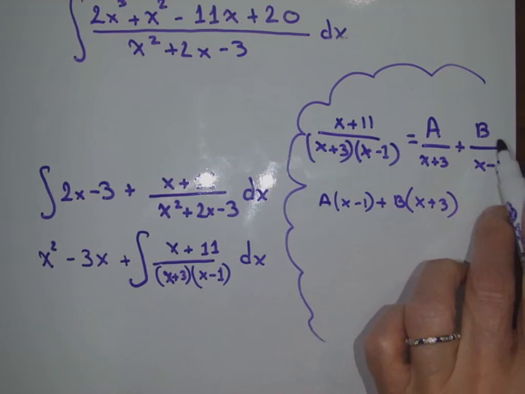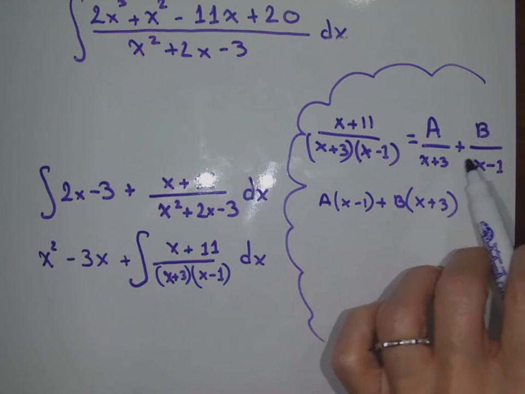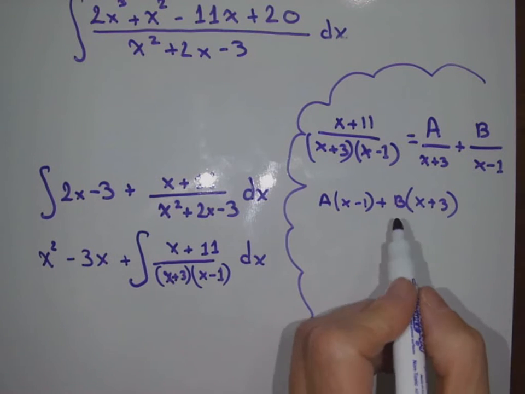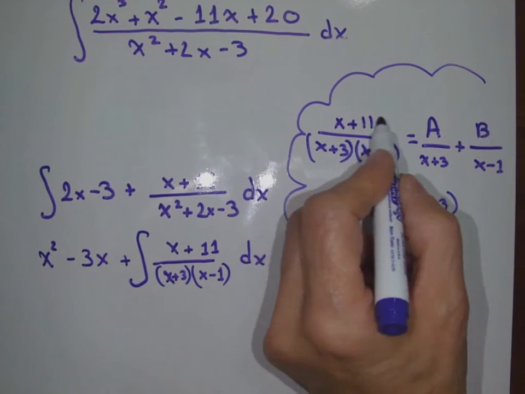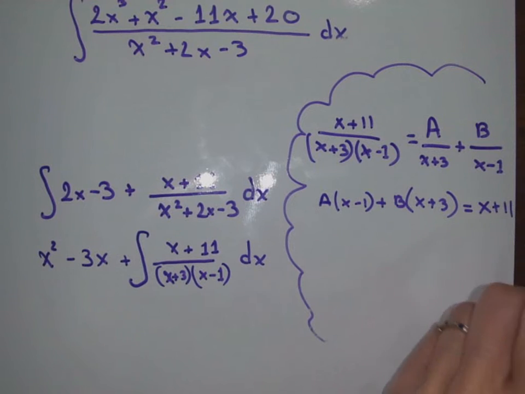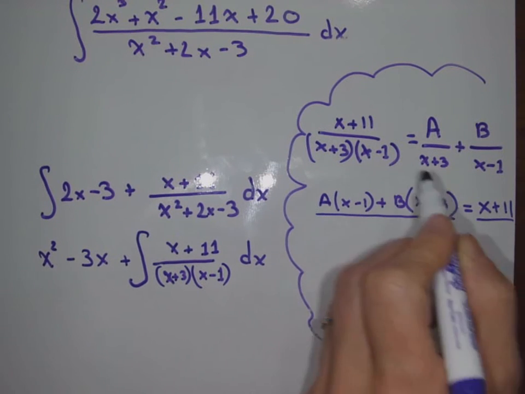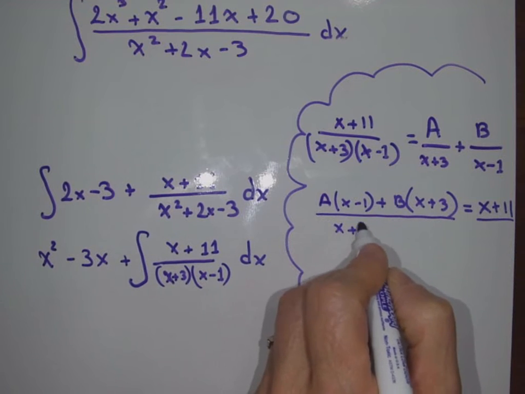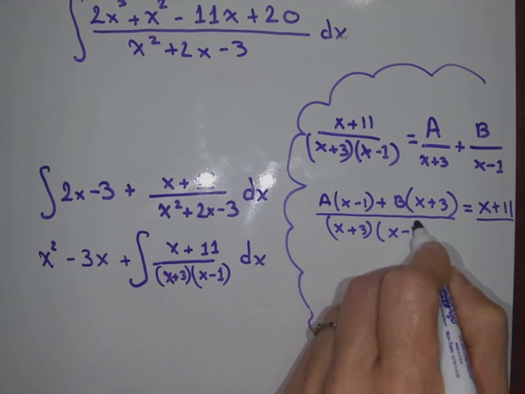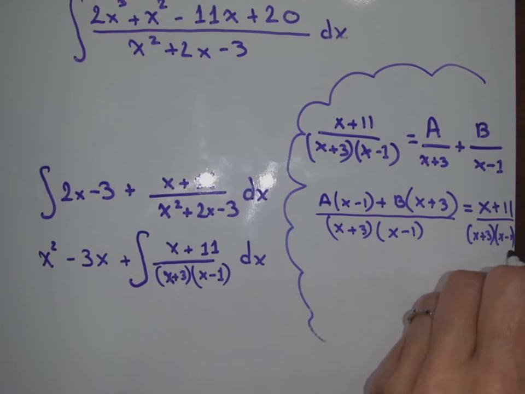Here I'm just going through the process of doing an addition of two fractions, wanting a common denominator, right? And so that has to be equal to the numerator I have up here, right? So it has to be equal to x plus 11. And all of those, by the way, now are over their common denominator, right? Of (x plus 3)(x minus 1).